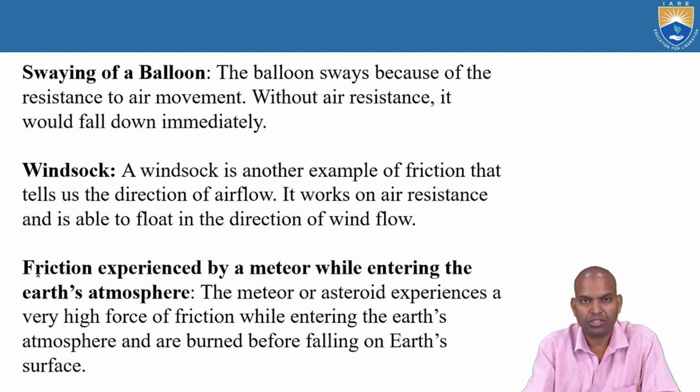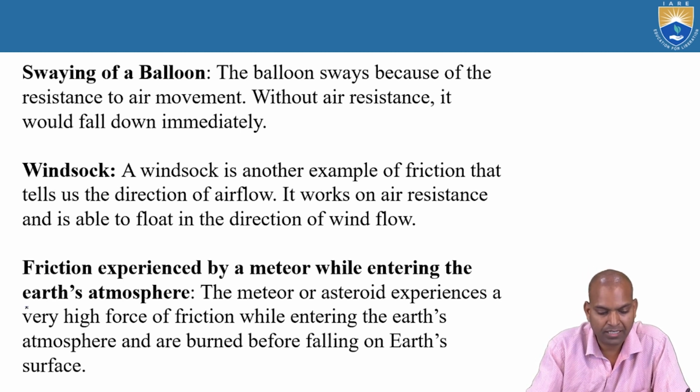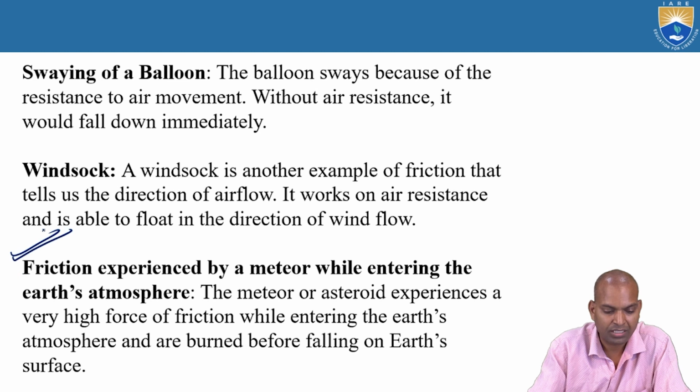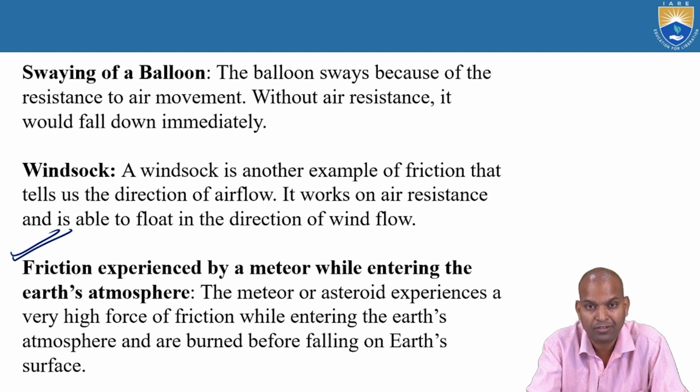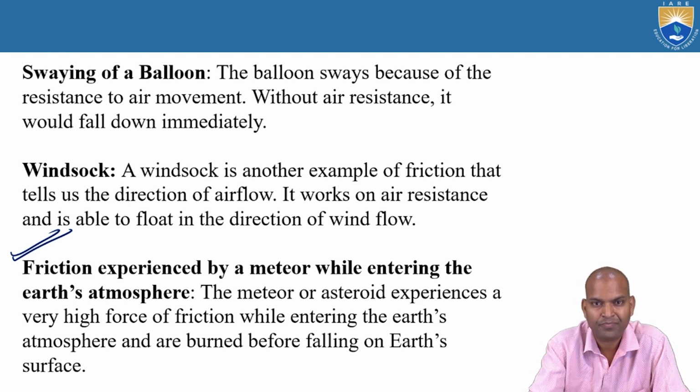Now, friction is also experienced by material while entering the Earth's atmosphere. This is where the friction takes place. It catches fire, whether it is a satellite or a capsule. It's so important. The Indian-American astronaut Kalpana Chawla was lost due to this friction experienced by material while entering the Earth's atmosphere. It is highly dangerous.